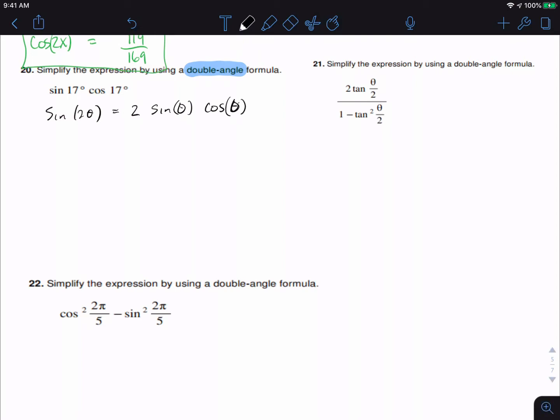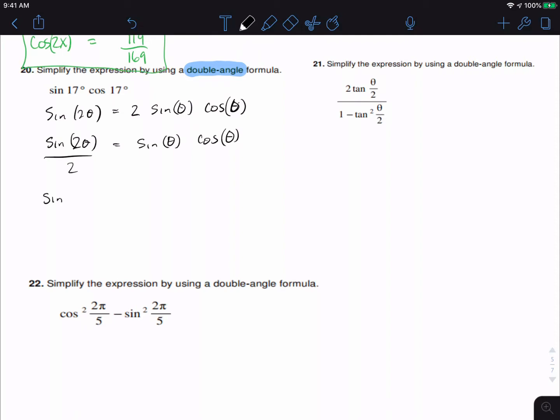Now, what we're given in this problem is sine of 17 cosine of 17. So we have both thetas, but we don't have that 2 in front. So I'm going to have to divide. Sine of 2 theta divided by 2 is sine of theta cosine of theta. Now from here, I can plug in the numbers: the angle we have is 17.